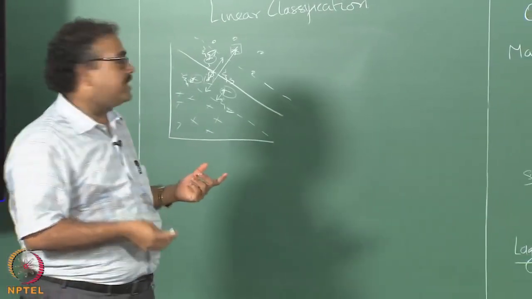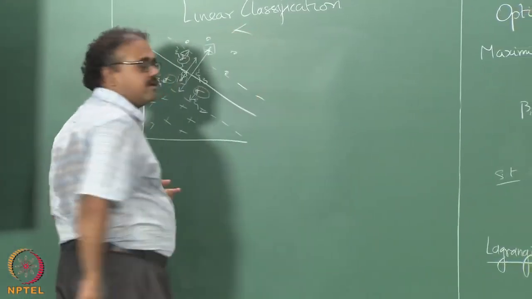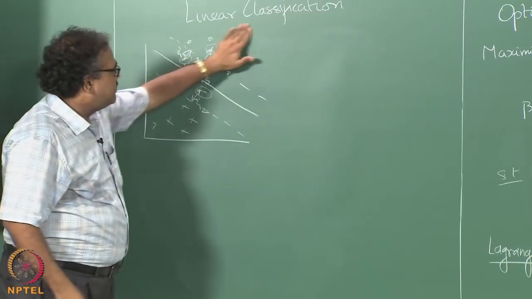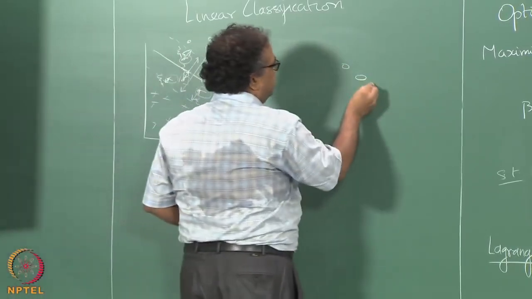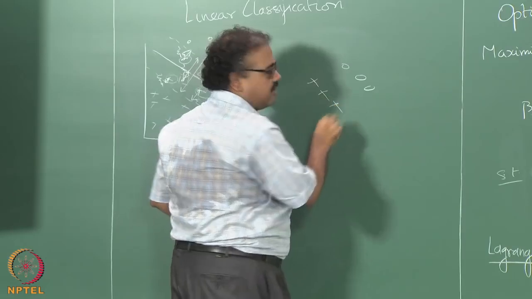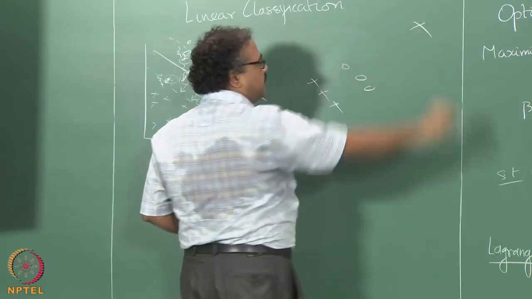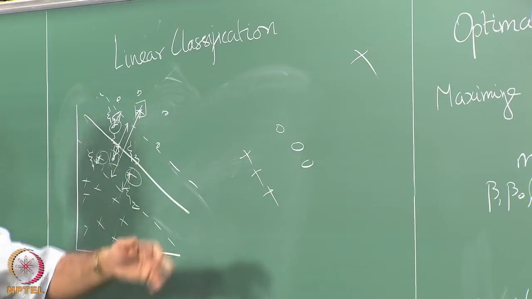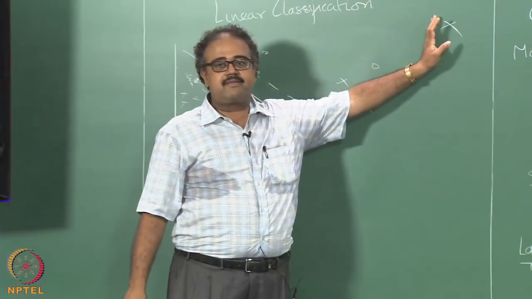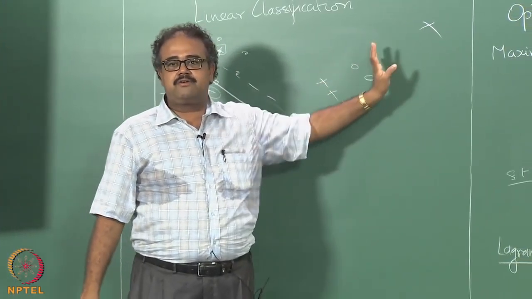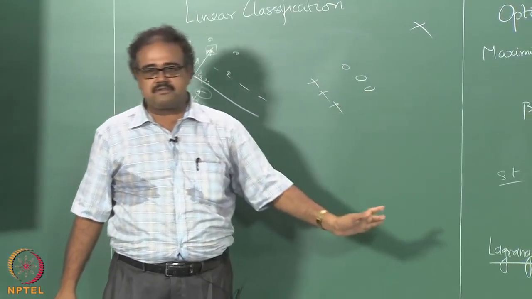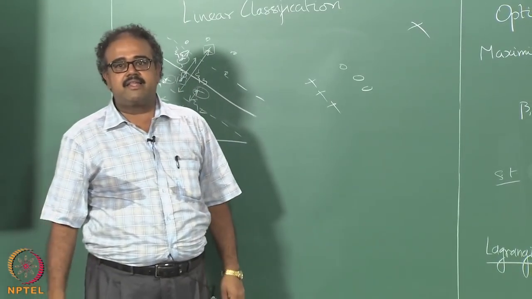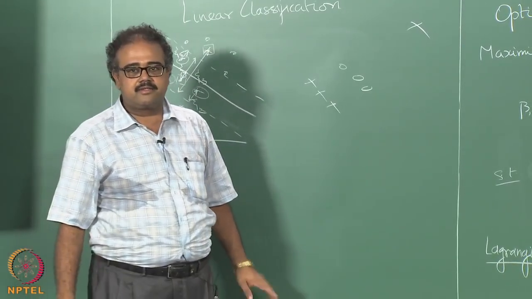I might have one single outlier somewhere here. This data might be perfectly separable, and I might have an outlier there. If I say minimize the sum, it's fine. But if I say minimize the max, then it's going to give me a hyperplane somewhere there.